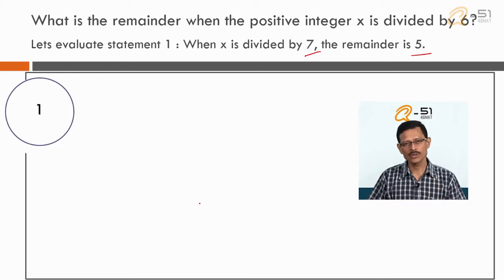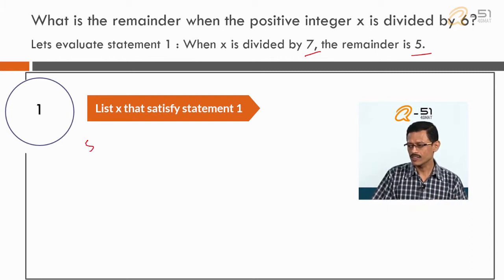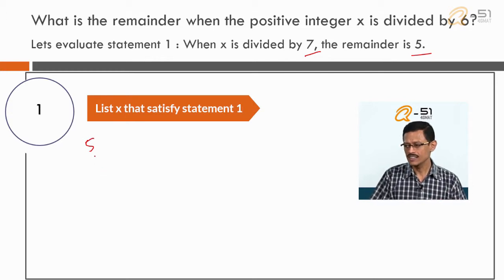So all that I'm going to do is take a very simple approach: list down values of x that satisfy statement 1. I have to pick x that when divided by 7 leaves a remainder of 5. 5 is the first positive integer that does. The next number that fits the bill is 12.